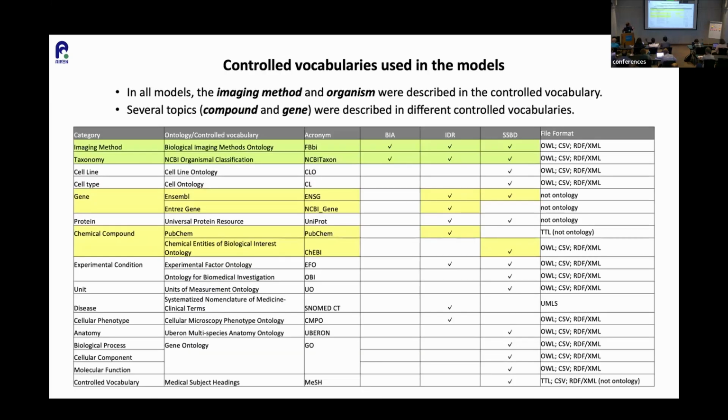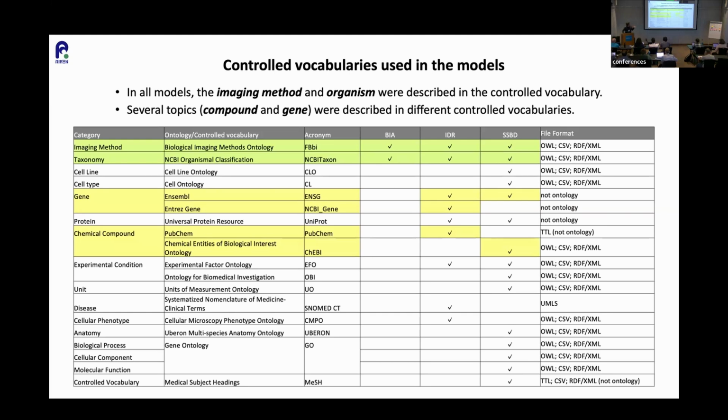Looking into the controlled vocabulary, we found that for two metadata items, the three repositories are using the same ontology or controlled vocabulary. That is imaging method using the FBbi, and the taxonomy is NCBI taxon.